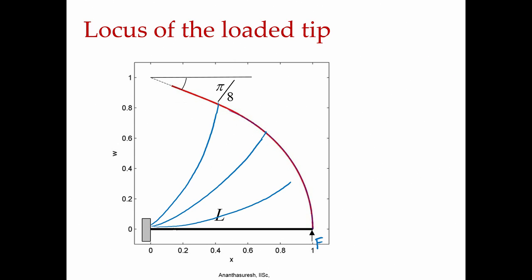The tip is what we are plotting here, the coordinates of the tip, and it has an interesting property that it subtends an angle of pi by 8 no matter what the length is, what the material is, that is whatever the E value is, and whatever I is, that is the cross-section's property, the second moment of area. Irrespective of what those are, if you apply a large enough force, the locus of this loaded tip will trace a curve, and that curve eventually will make an angle of pi by 8 with the horizontal, that is, parallel to the beam.